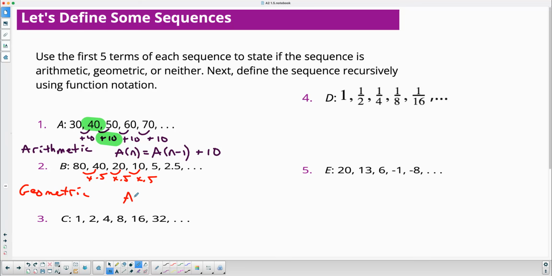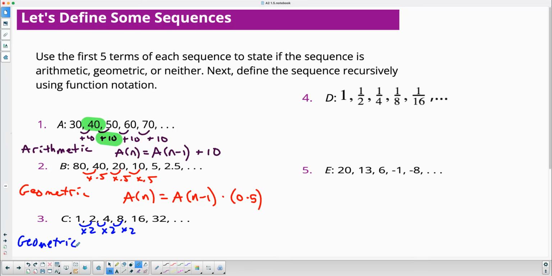So to get the nth term, I need to take the term before it and multiply it by 1/2 or 0.5. Next one looks like times 2. So we're going to call this geometric again.